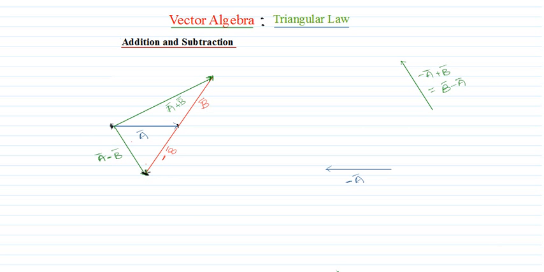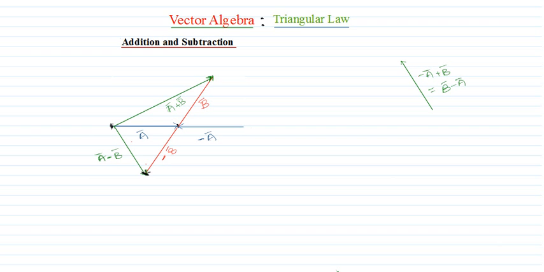Now the last one, that is vector b minus a, we have to get. So in order to get b minus a, we have to project vector a as a negative vector. So here you can see, the length of vector a remains same in both minus a and a vector, whereas the direction is opposite for negative vector.